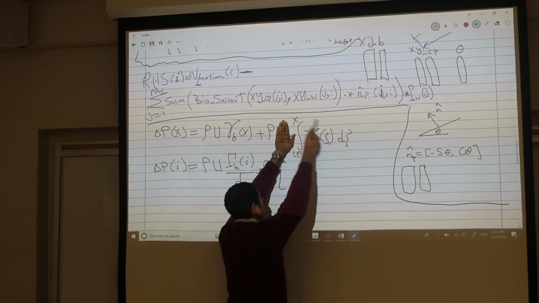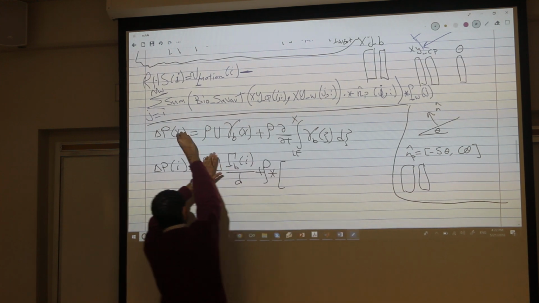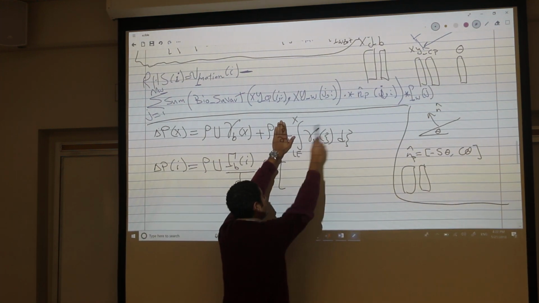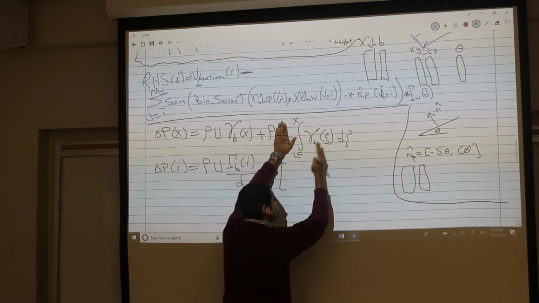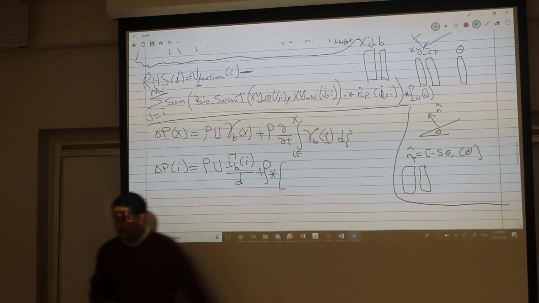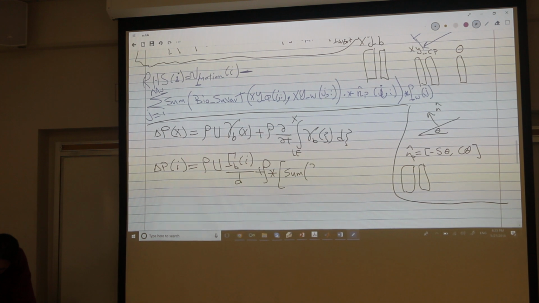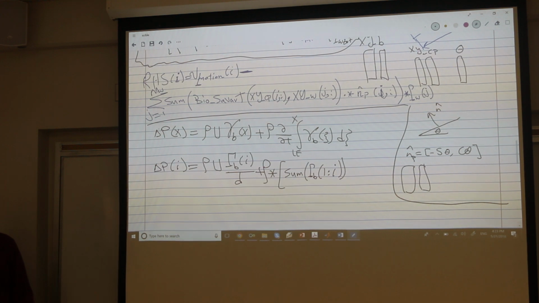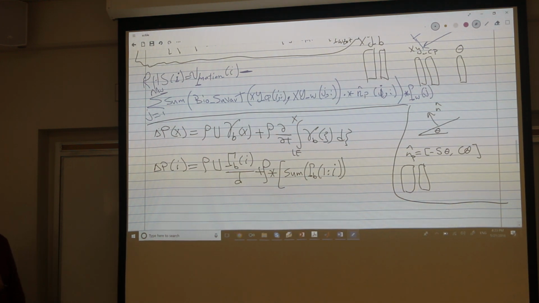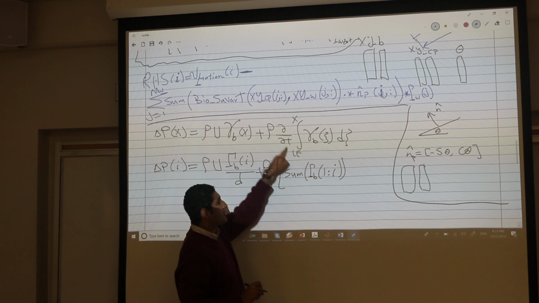Look at this, this is a summation. I'm at point x, okay? So this is the summation of all bound vortices up to this point x. So this is easy. This is the sum of all gamma bound from the beginning up to this i, correct? But we need to do partial t for this.